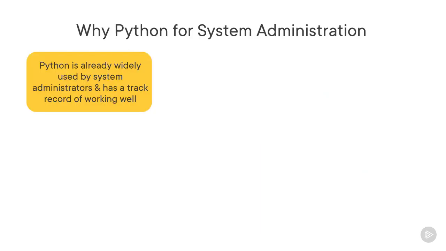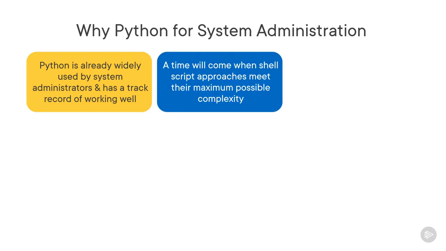Now let's look at more reasons why Python's good for system administration. First one is it's already out there being used by system administrators as well as DevOps engineers. So Python for system administration has a proven track record. Also, if you're using Bash, you're going to run into a time where using the shell just doesn't meet your complexity needs, right? And that's where something like Python can step in.